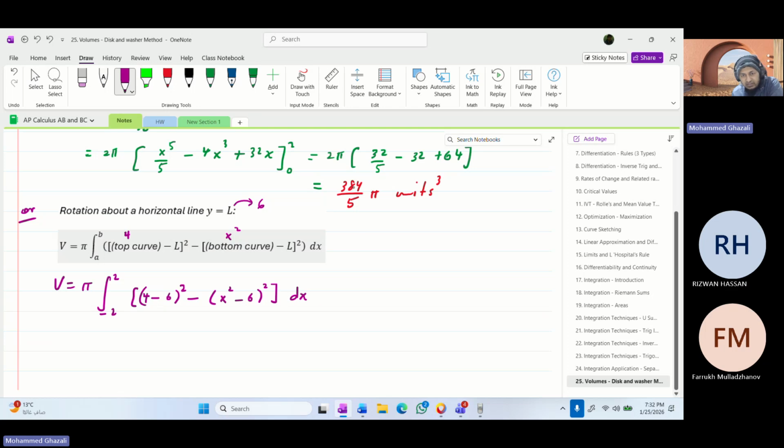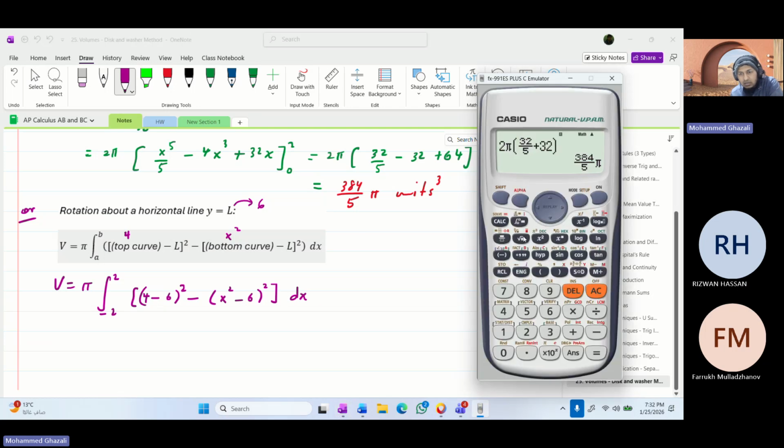Let's put all this in the calculator and see if you get the same answer. Otherwise, don't use it. Shift, pi, integral from minus 2 to 2, 4 minus 6 squared, subtract, x squared minus 6 in brackets to the power 2, another bracket.